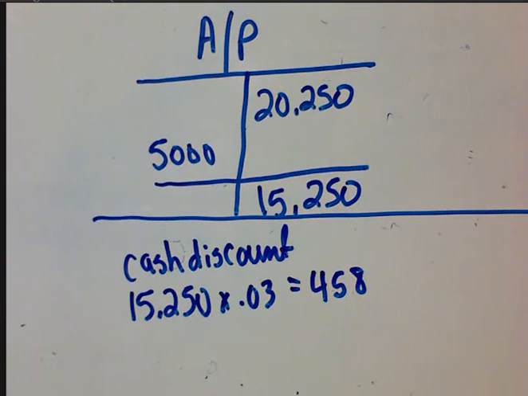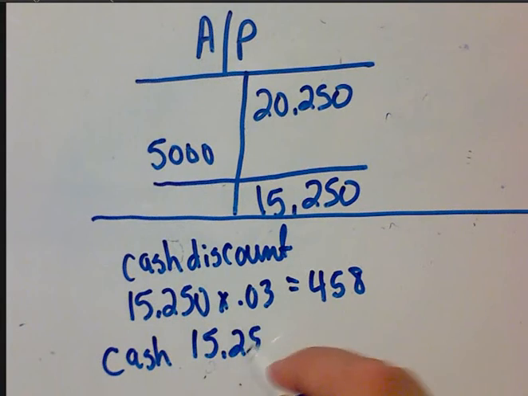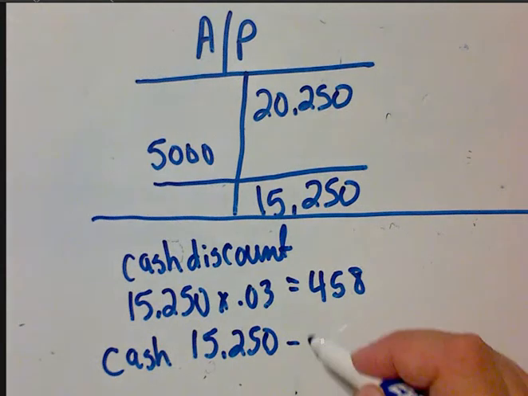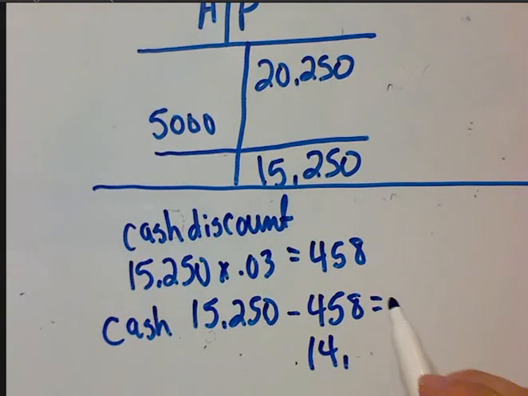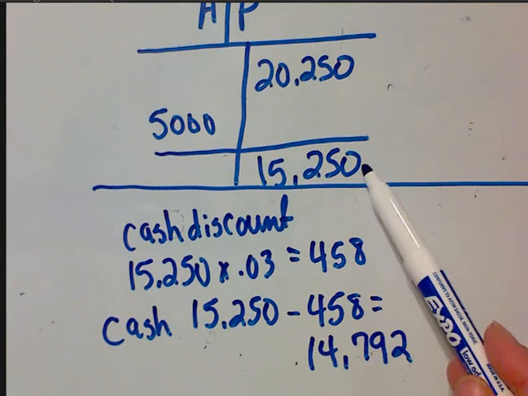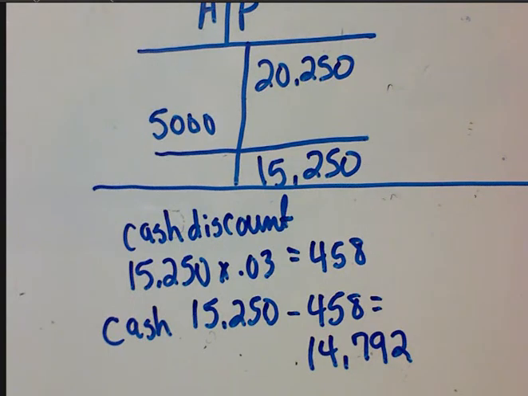So the cash that we actually have to pay the vendor is $15,250 minus the $458 discount. The cash that we're going to end up paying is $14,792. Okay? So to begin journalizing it, we know that we have to take this $15,250 out of accounts payable, so we're going to debit accounts payable for that amount.